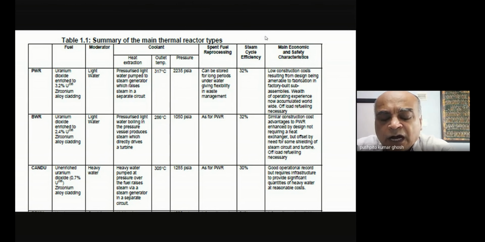Okay. Now, many times you read in the newspaper that Iran is building a gas centrifuge, and the US has opposed it, or something like that. Every now and then there is something in the newspaper. Now, what basically is done is that uranium has a very volatile compound, which is uranium hexafluoride, UF6.